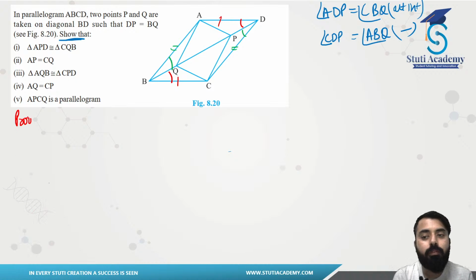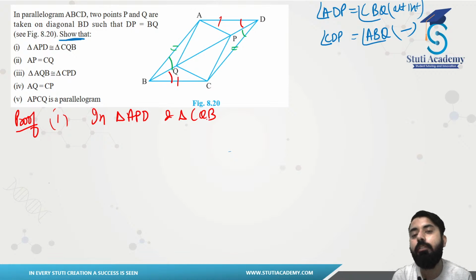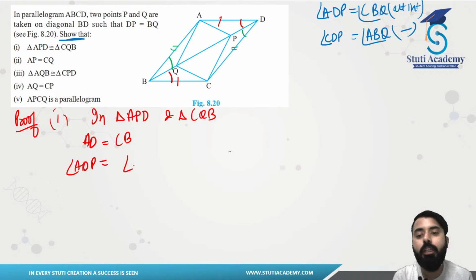Proof. Starting with the first part, we need to take triangle APD and triangle CQB. We have to take these two triangles. I know AD is equal to CB. I know angle ADP equals angle CBQ. These two were equal.